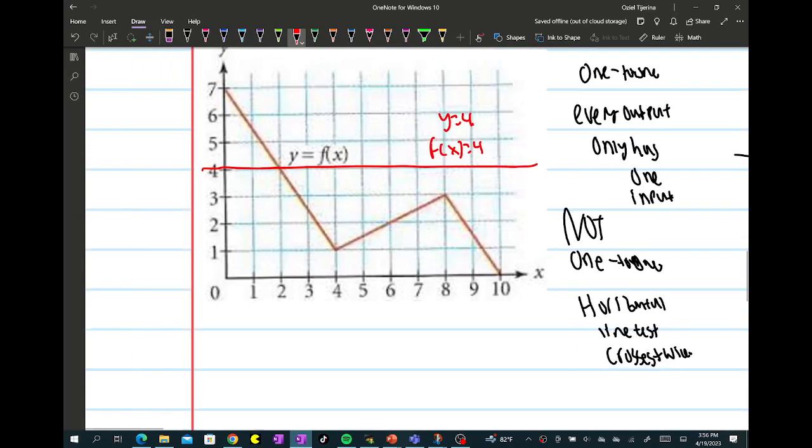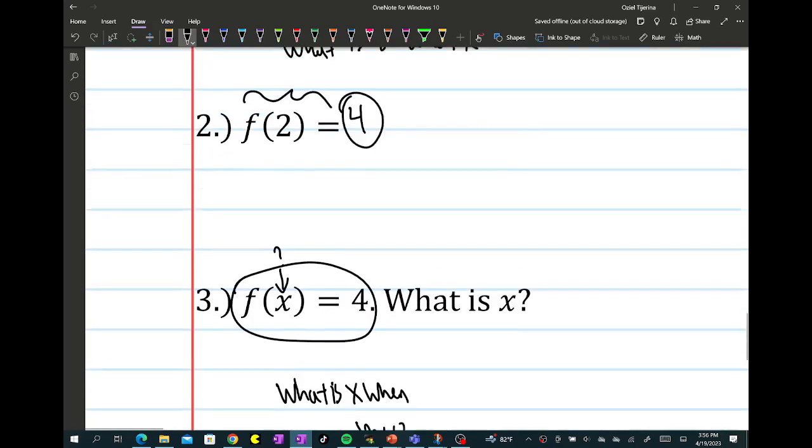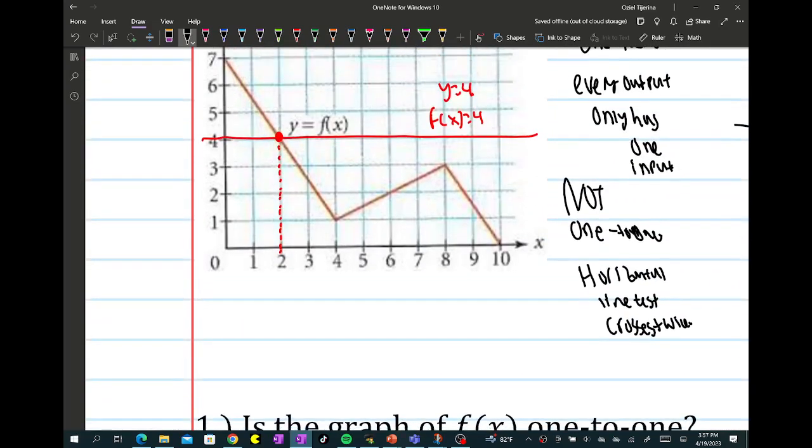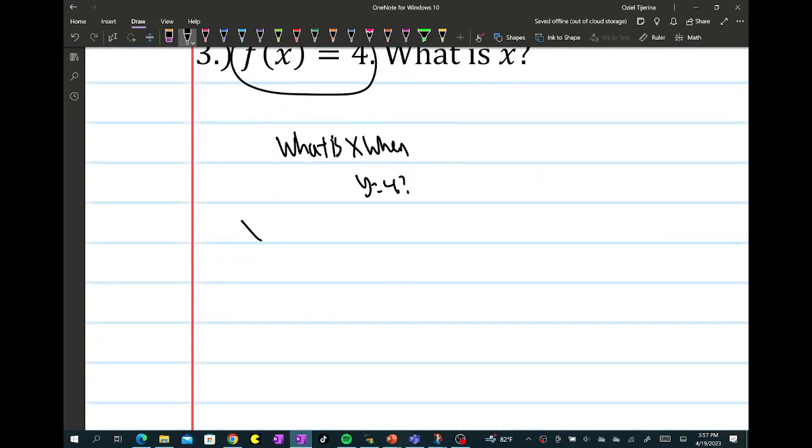We need to know where the graph crosses this brown line, and it crosses right here. What is x when y equals 4? We can clearly see that x is going to be 2. So x equals 2 when y equals 4.